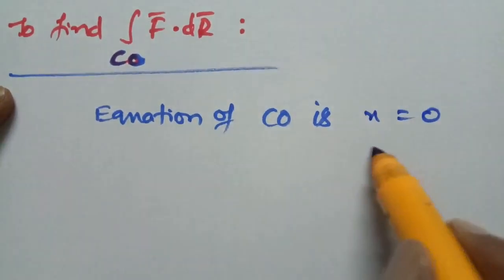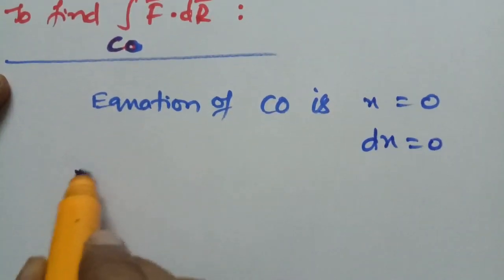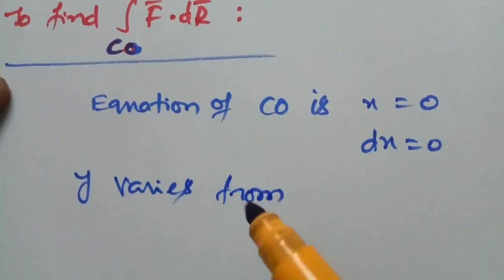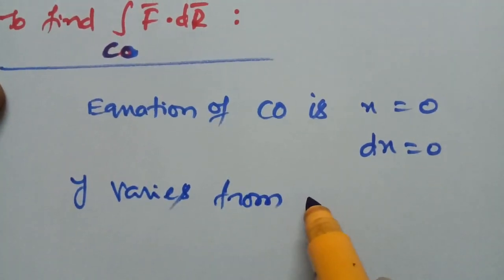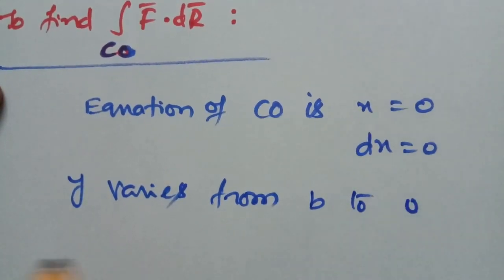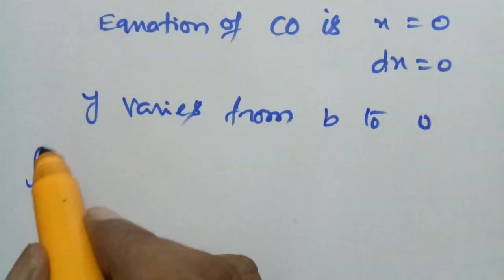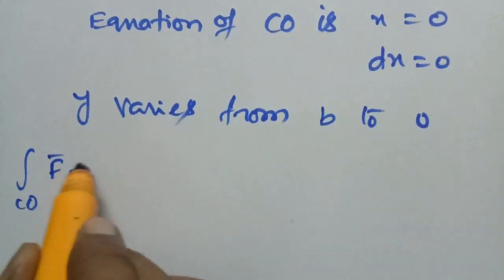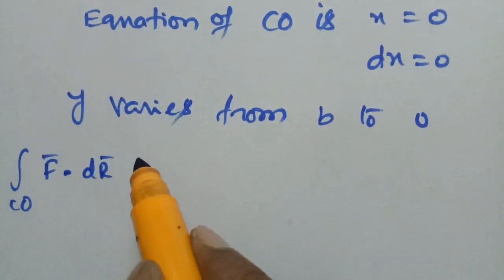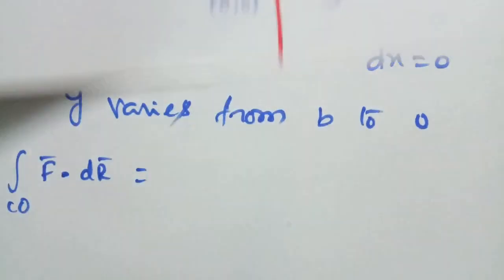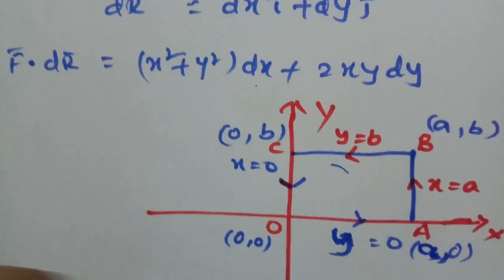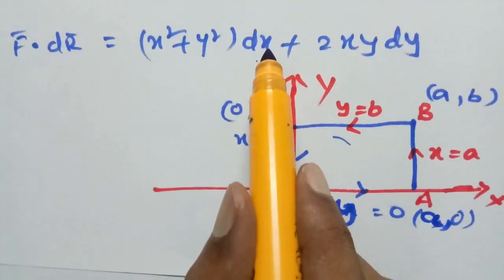Therefore the integration along CO of f bar dot dr bar is equal to, here x value is 0, so 0 plus y square, dx value is also 0.